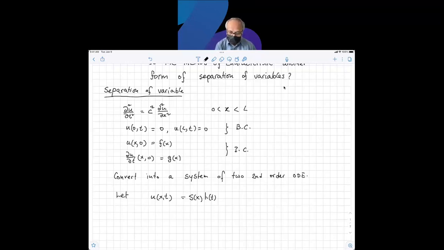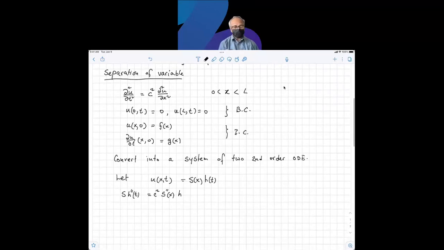If I differentiate twice with respect to time, I will get h second derivative multiplied with x. And if I differentiate twice with space, I will get s second derivative multiplied with h. It is just for simplicity that I did not write s bracket x and h bracket t on the right hand side. On the left hand side, h bracket s bracket x. It is implied. Okay.